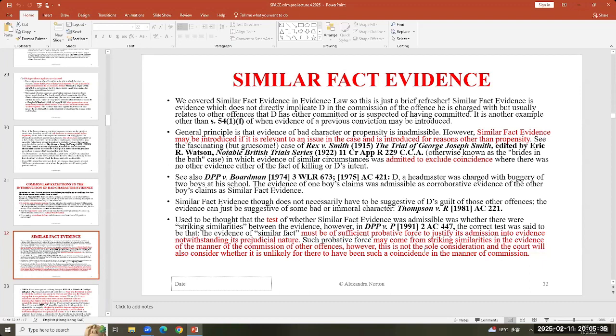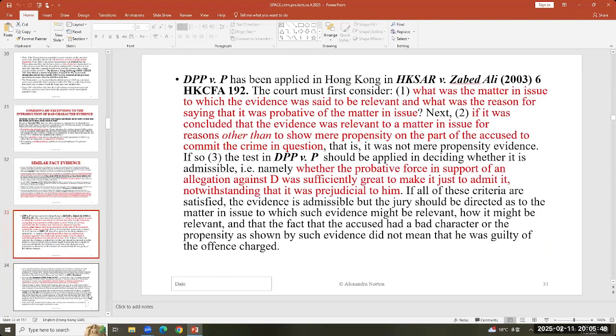And striking similarities is just one of the factors that the court will consider, but it could also be introduced to rebut a defense of, say, consent or coincidence. In Hong Kong, the leading case is Zabid Ali. So I've set out the test for you there. I think it's very similar to what is set out in your evidence notes.